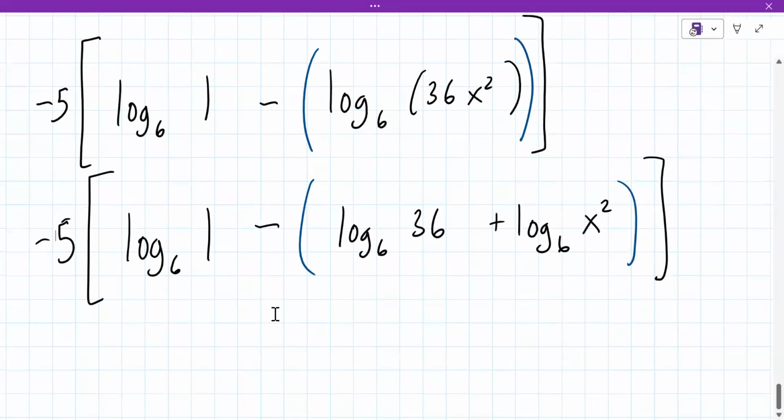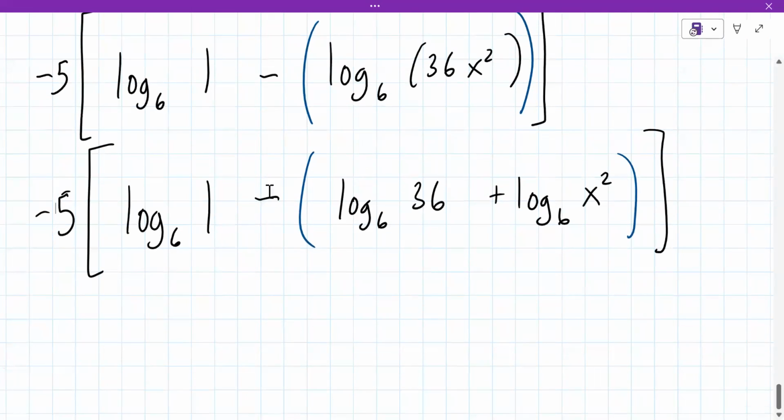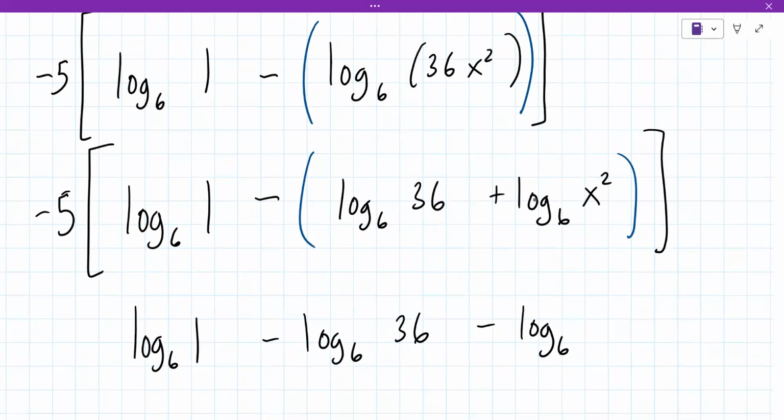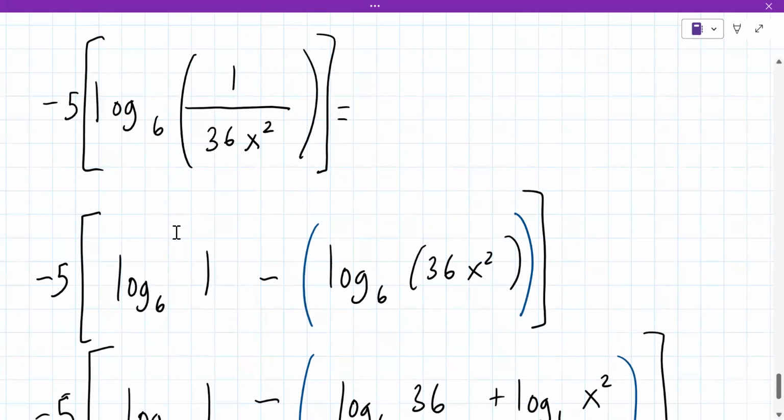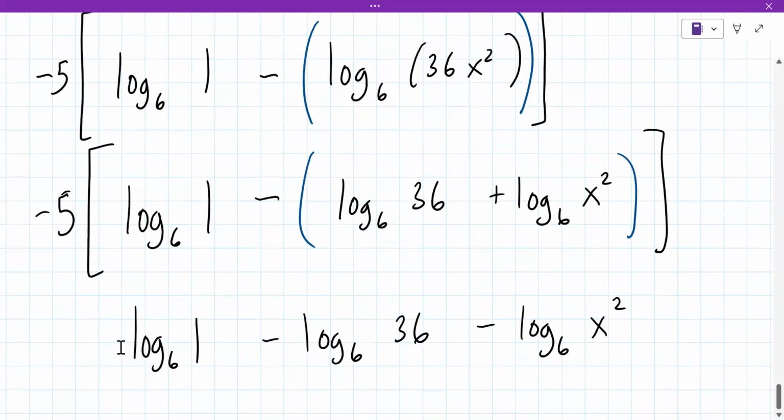Yes. All right. Now, this negative has to get distributed to both. So this becomes log base 6 of 1 minus log base 6 of 36 minus log base 6 of x squared. Now, I know this has been a lot for this problem, but I want you to notice something. The thing in the numerator was a 1, and it's positive.